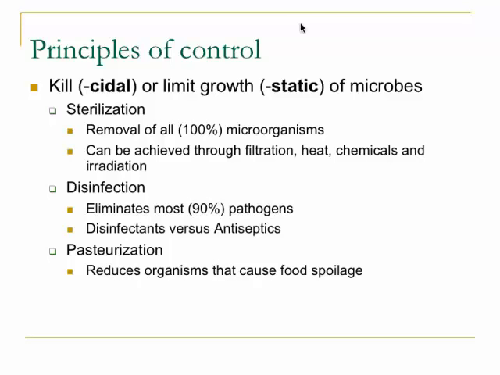Disinfection gives a measurable amount of reduction. 90% of the pathogens or the microbes are removed, but it doesn't give a complete elimination of the microorganisms. And in the case of chemical disinfection, disinfectants can give this level of control, as well as some antiseptics. But usually with antiseptics, it's not a measurable degree of control.